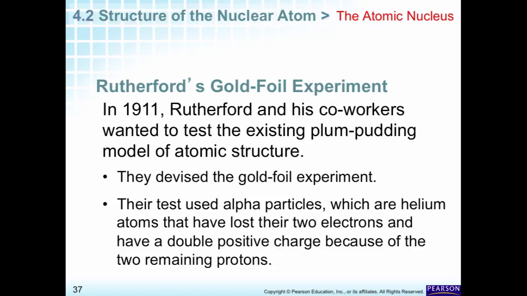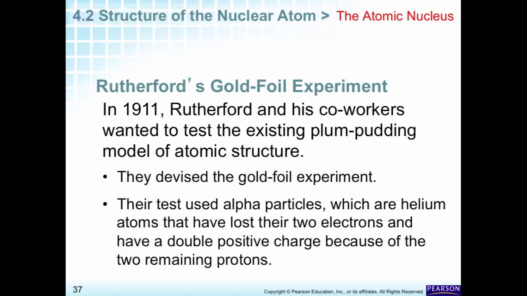And he was really trying to test the plum pudding model, but he found something else out. He used alpha particles, which are helium's nucleus. Okay, they lost 2 electrons. He didn't know that this was the case at the time, but they knew about alpha particles. And it has a double positive charge because of the 2 remaining protons.